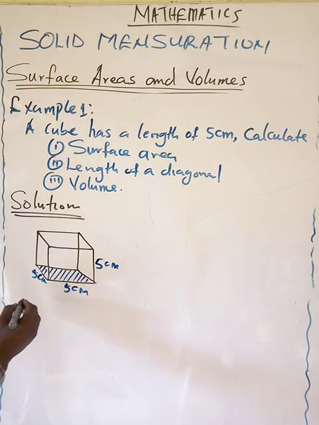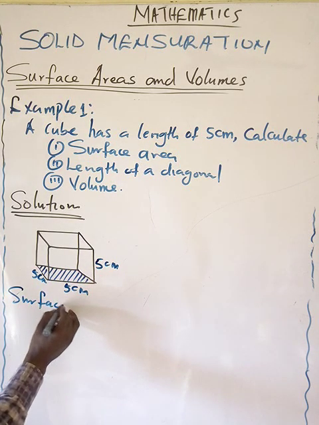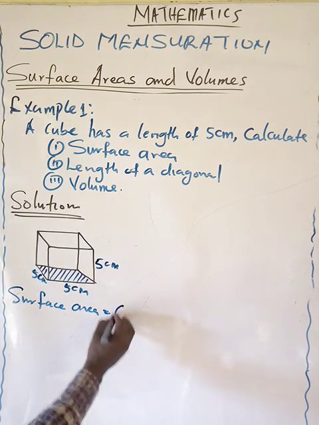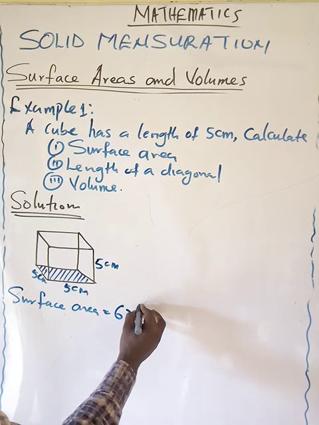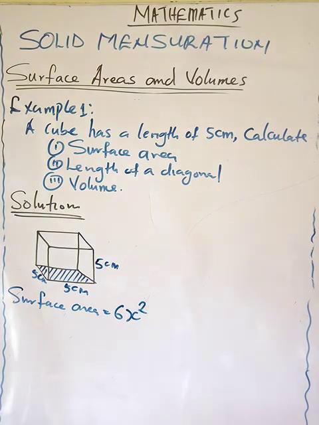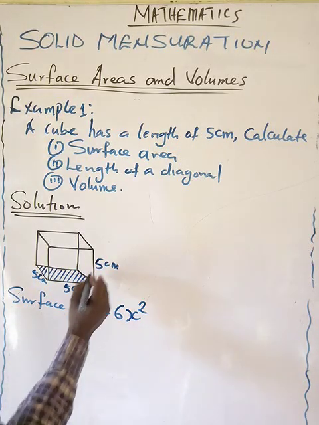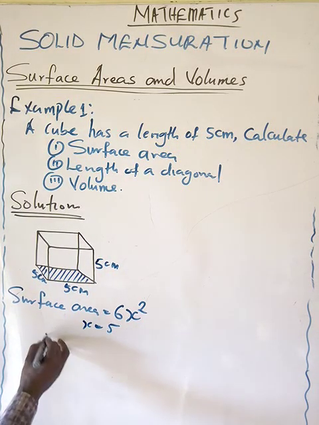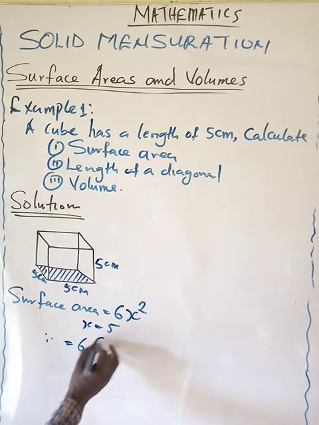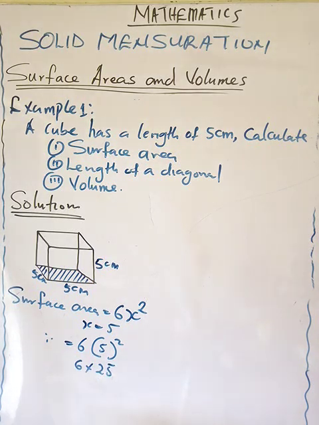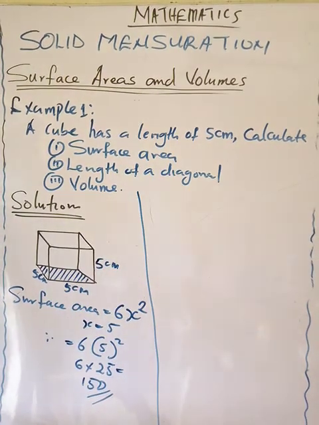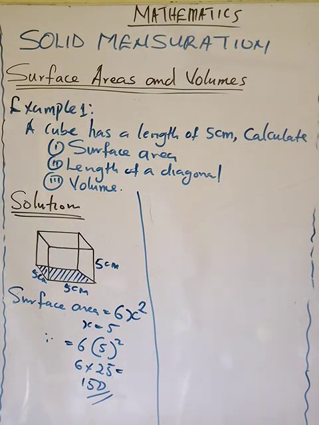So surface area is equal to 6x to the power of 2. That means our x here is 5. Therefore, our surface area will be 6 times 5 raised to power 2. That means 6 times 25, which gives us 150. Our surface area is 150.